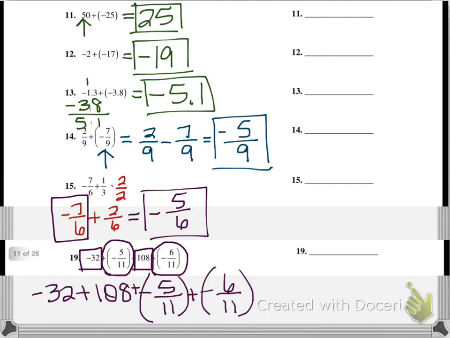So my number parts, negative 32 and 108, my signs are different, so I actually am going to have to subtract 108 minus 32. That's going to give me 76.